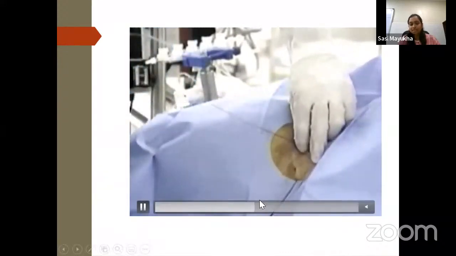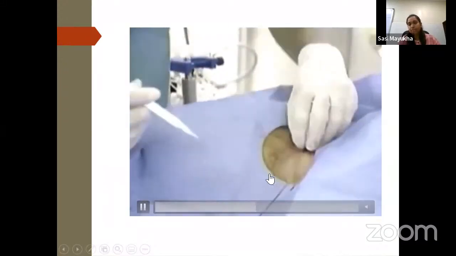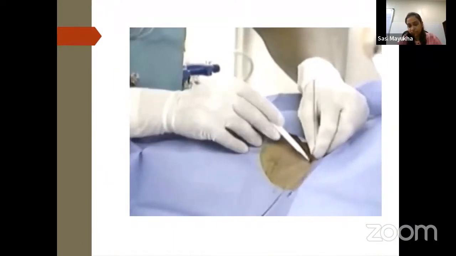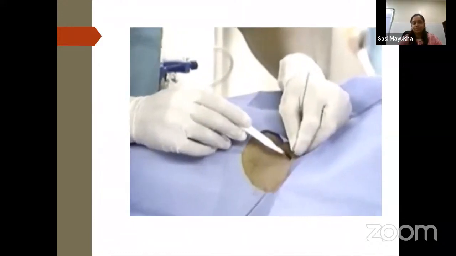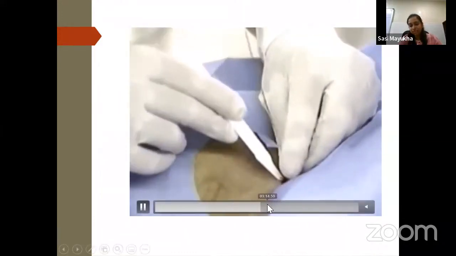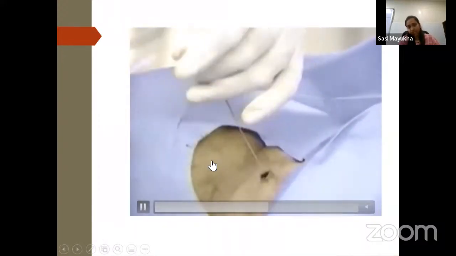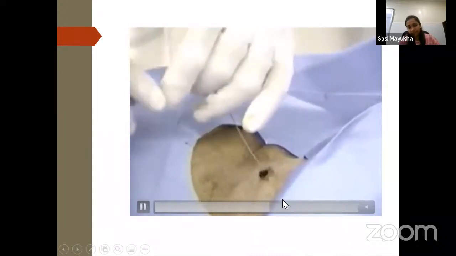So once the needle is removed, they are placing an incision at the place. Once the incision has been placed, you dilate through the guide wire. So he is inserting the dilator.